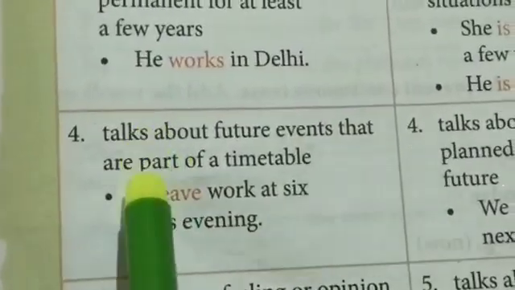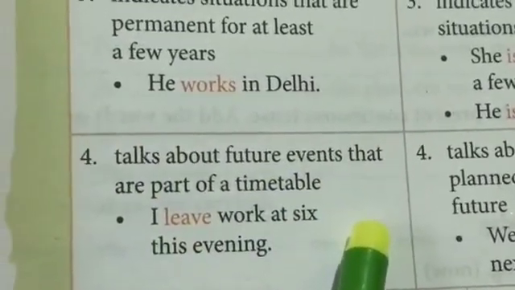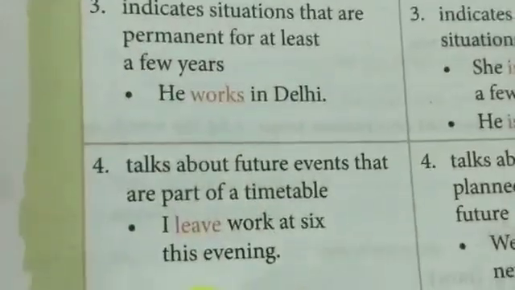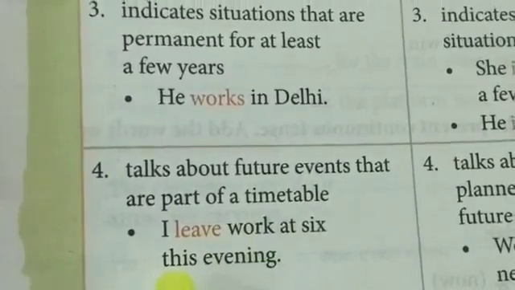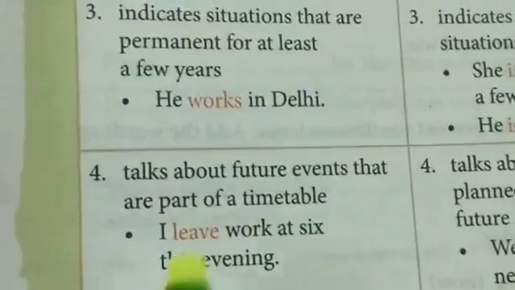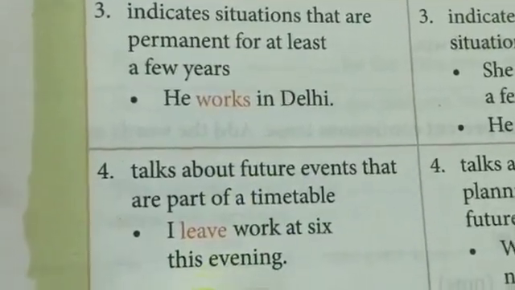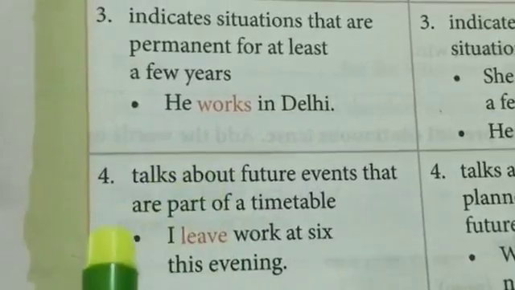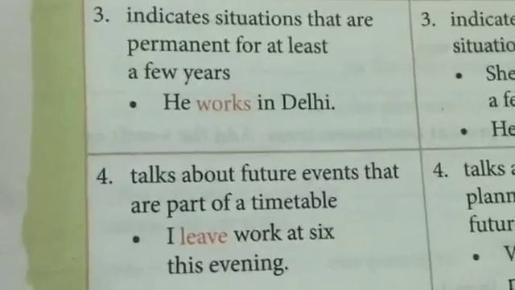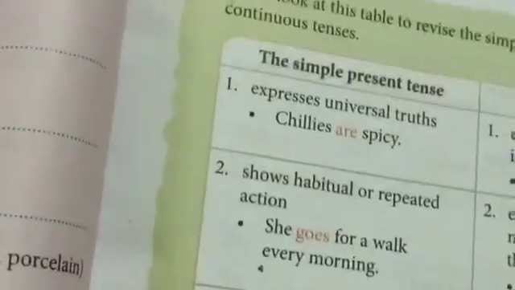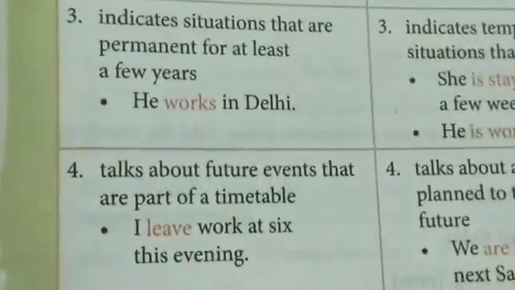Then, it talks about future events that are part of a timetable. That is simple present tense. Like, I leave work at 6 this evening. So that is permanent. According to my timetable, my work is over at 6. So we will use simple present tense here also.